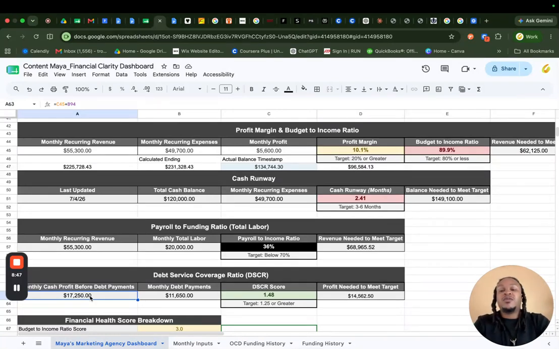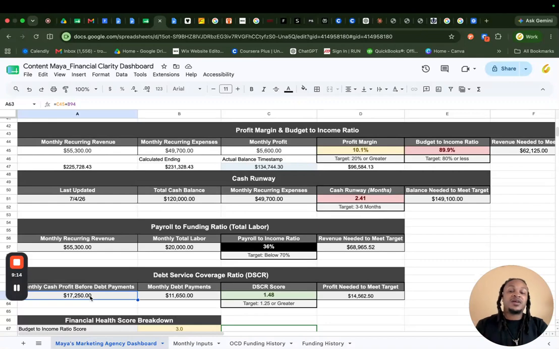And the reason why we don't divide our true profit by total debt payments is because we are assessing how much cash we have after we take care of everything that's an operating expense, not depreciation included, but everything that's strictly an operating expense, things that we need to pay every month for the business to keep running. After we pay all those things, before we pay our debts, what is our profit?